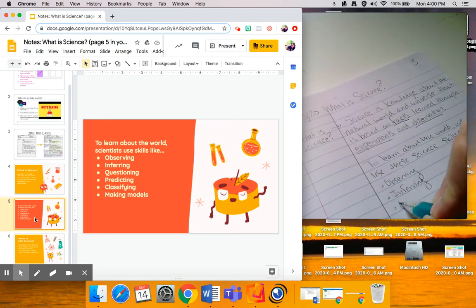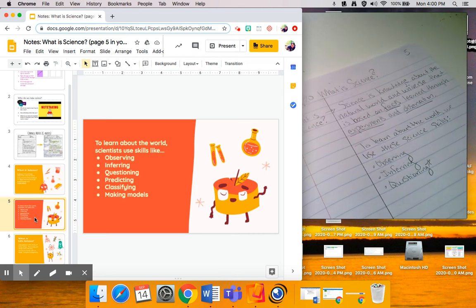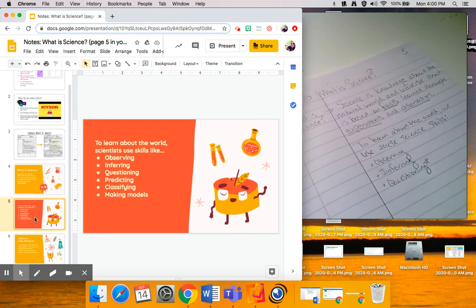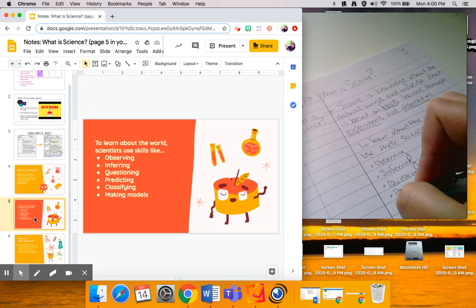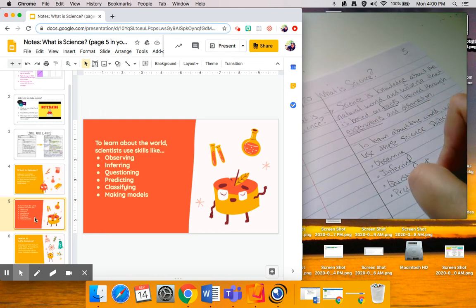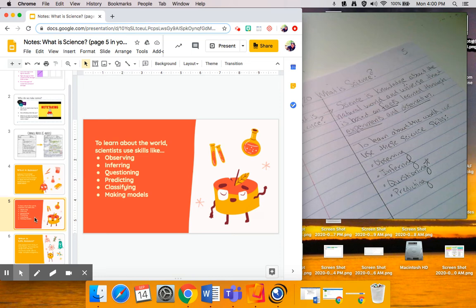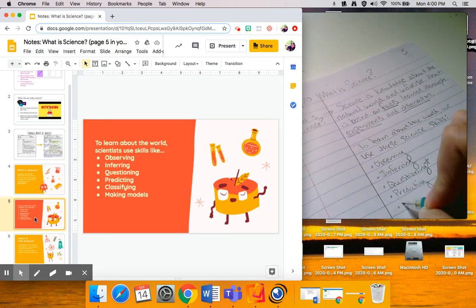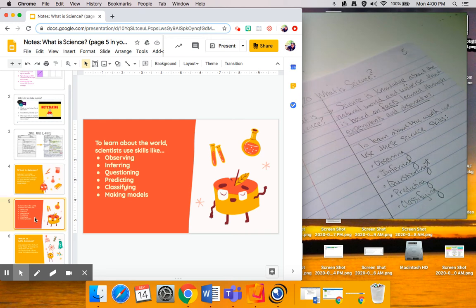Next, questioning, which is one of the most important parts of science, is coming up with questions to investigate and collect evidence to answer those questions. After that, we have predicting, which we do as part of our experiments. We make predictions in our hypotheses, and classifying, and making models.